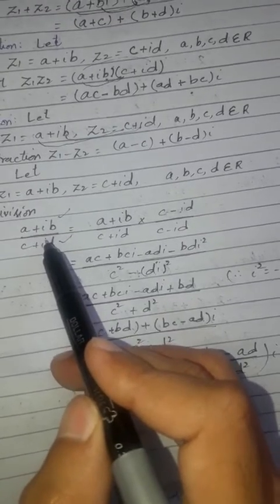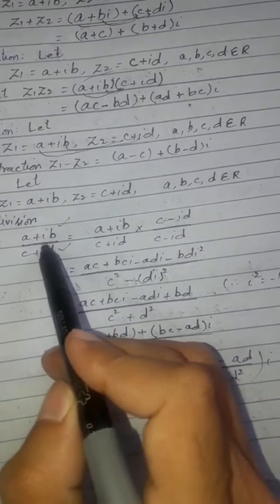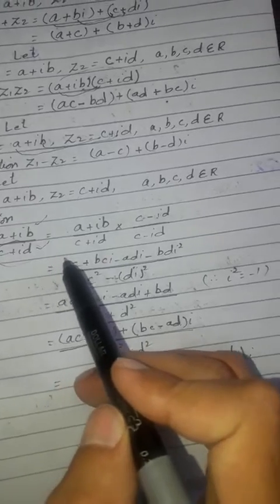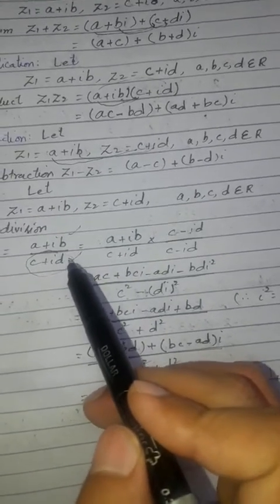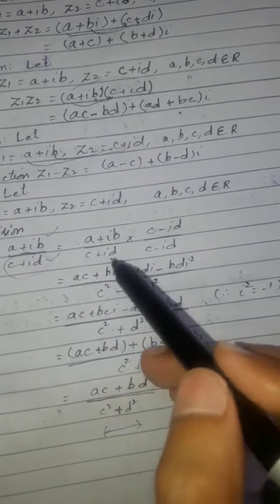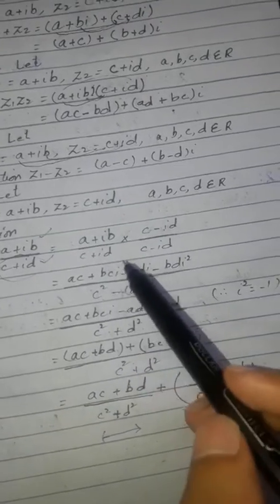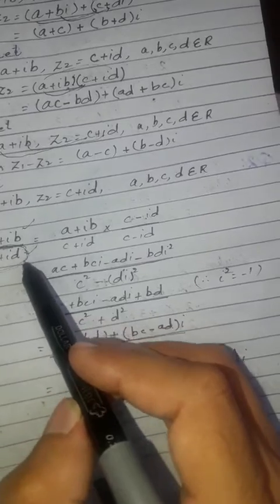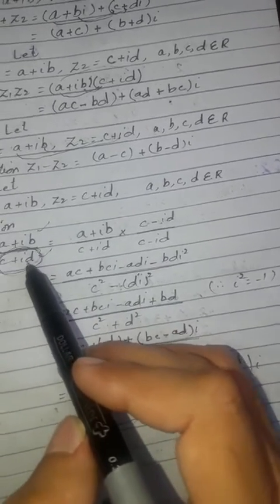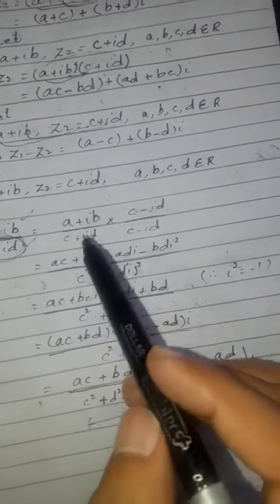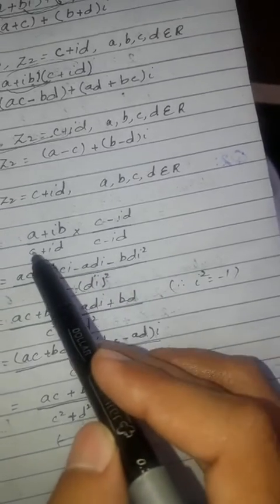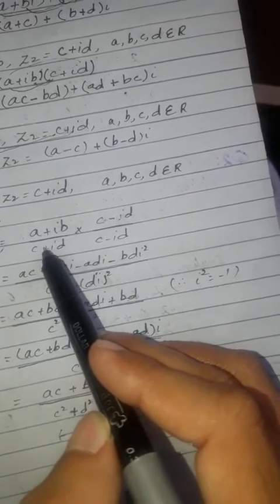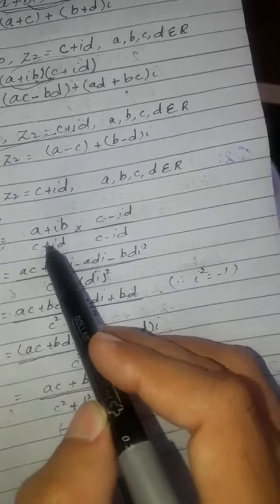First you have to remove the iota in the denominator, right? This is your first choice. Then you have to solve next. How can we remove the complex number from the denominator? This is a simple method. The denominator is c plus iota d.